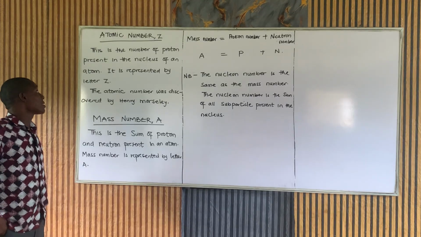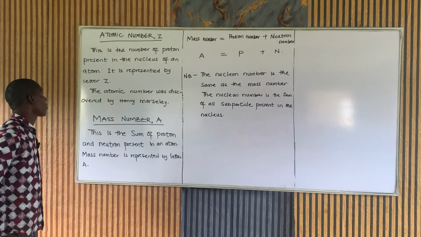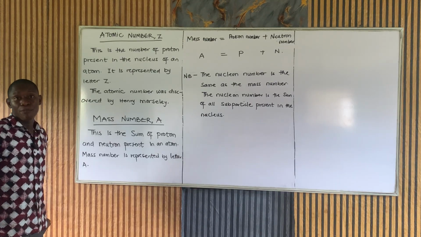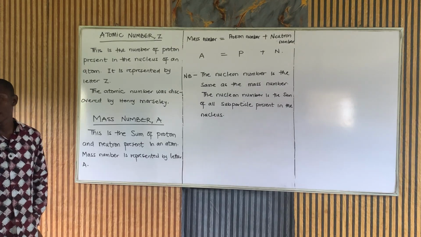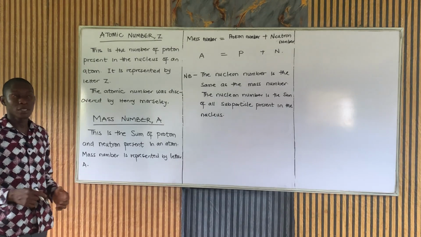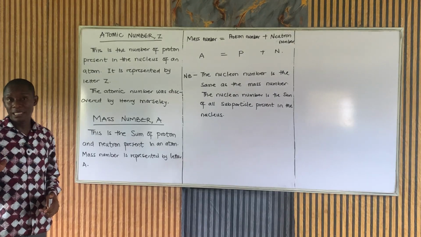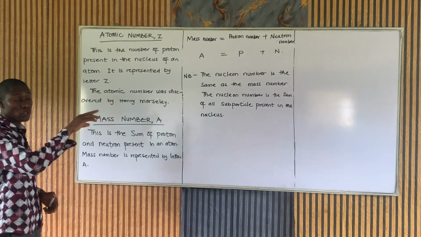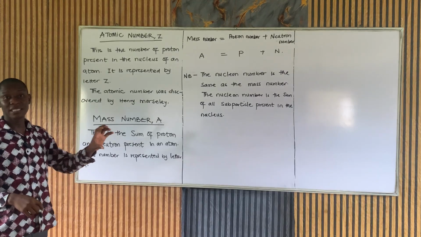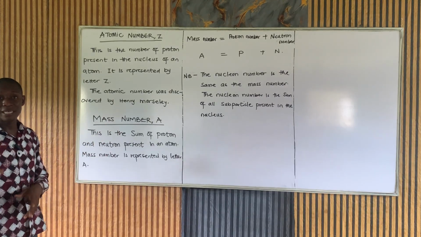So we want to look at the atomic number. The atomic number is the number of protons present in an atom, or present in the nucleus of an atom. It simply means that if an atom has 5 protons, the atomic number is 5. If it has 7 protons, the atomic number is 7.